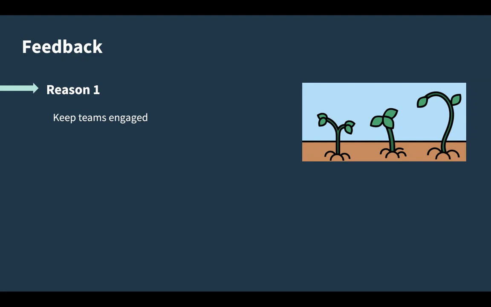And if we do this, it keeps teams engaged, and the comments always need to be constructive, since they are key to developing the team competencies.